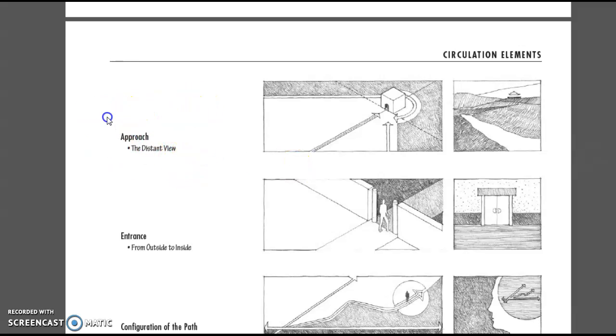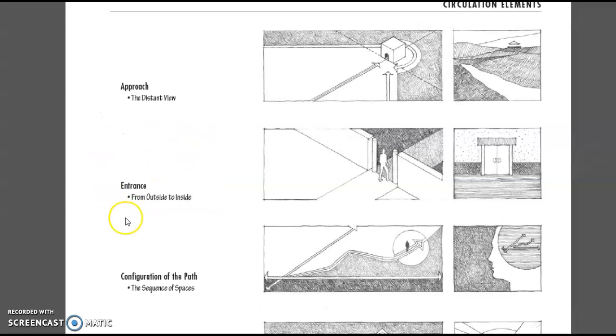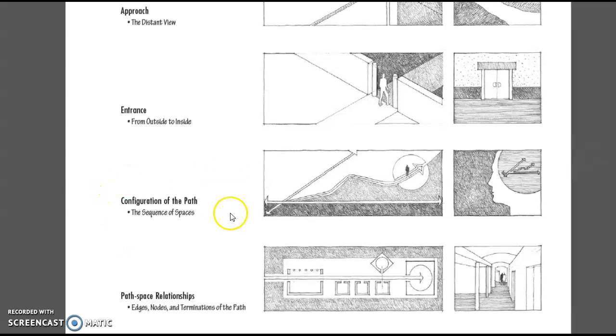Now, next, there are certain subtopics which will be covered in circulation elements, like approach, which is a very important part, and entrance, also a very important part. Then the configuration of the path. Like I said, you tie a thread with you, and wherever you are moving, you just let the thread roll with you. So you will draw a path.